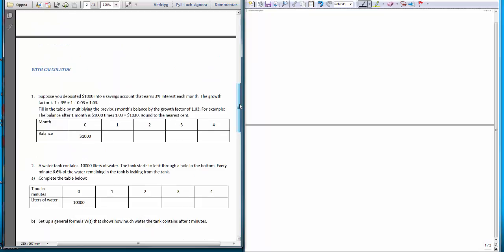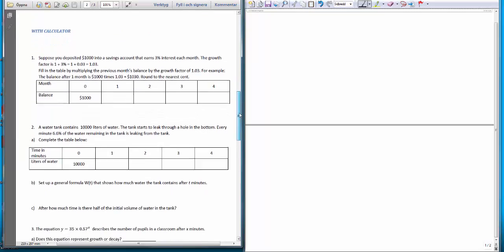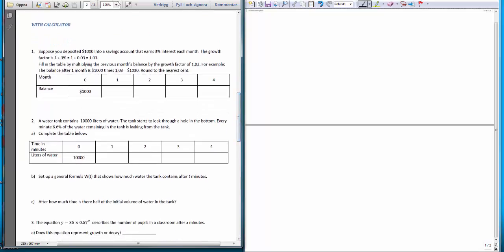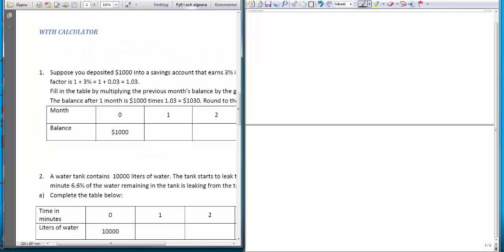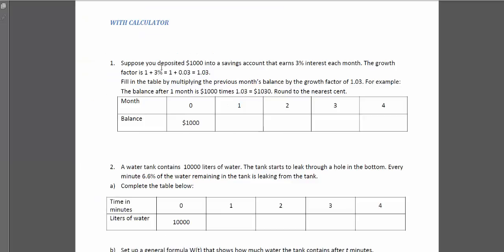For example, in this case, I can do it like this, make it a little bit bigger.